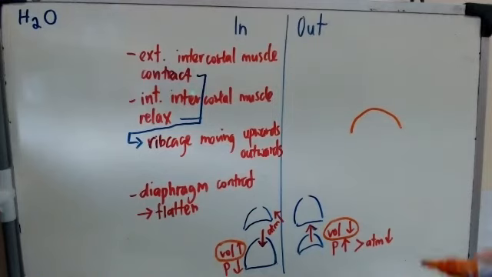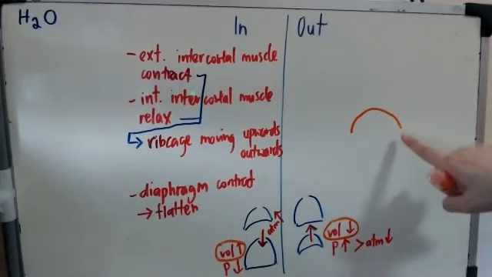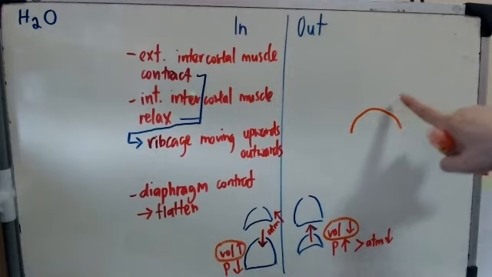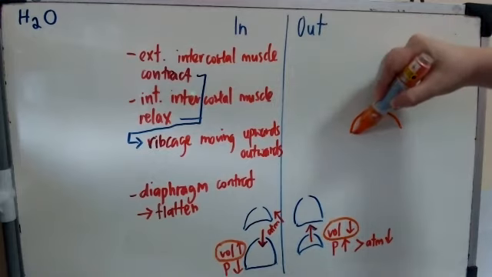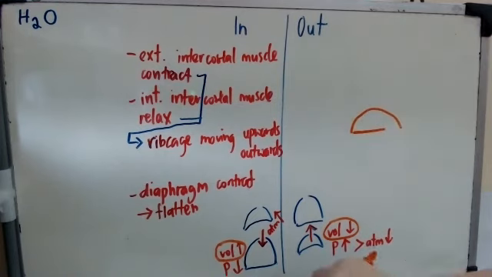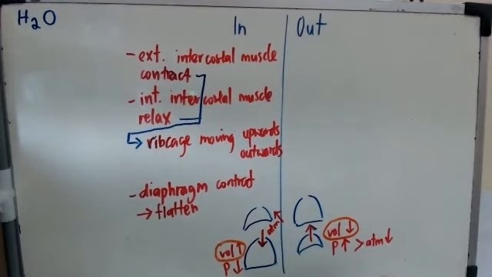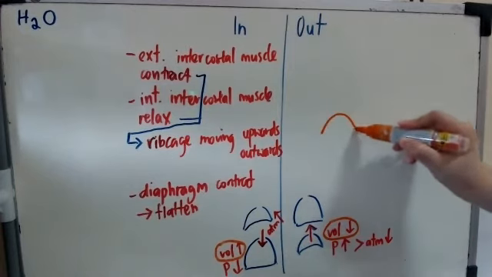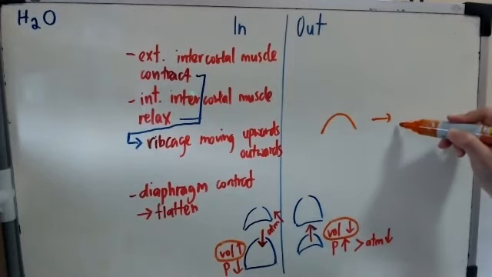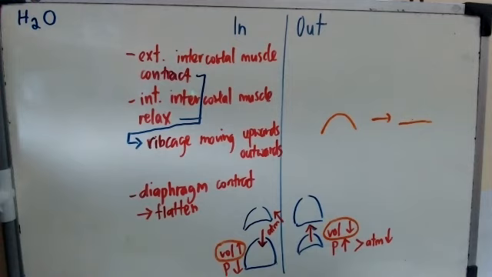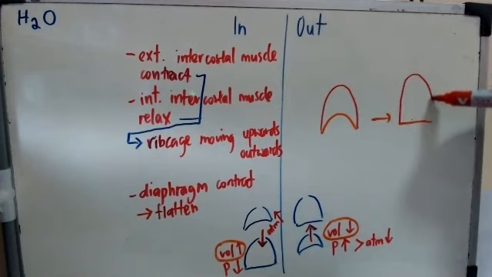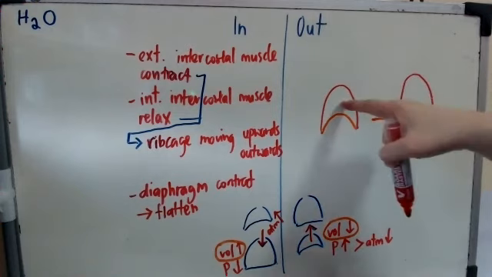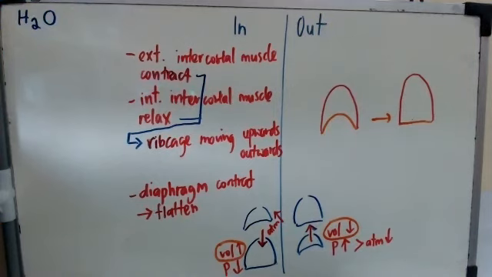When it is relaxing, it curves upwards in an inverted U shape. When it contracts, it will become something like this. This is when it relaxes. When it contracts, it will become something like this. So, by doing that, it will effectively increase the volume of the thoracic cavity.